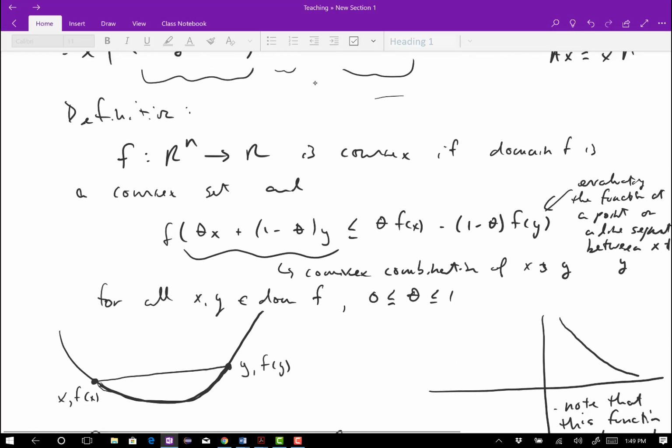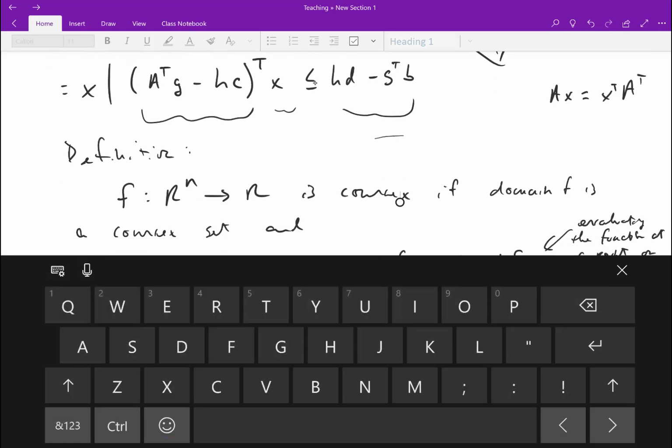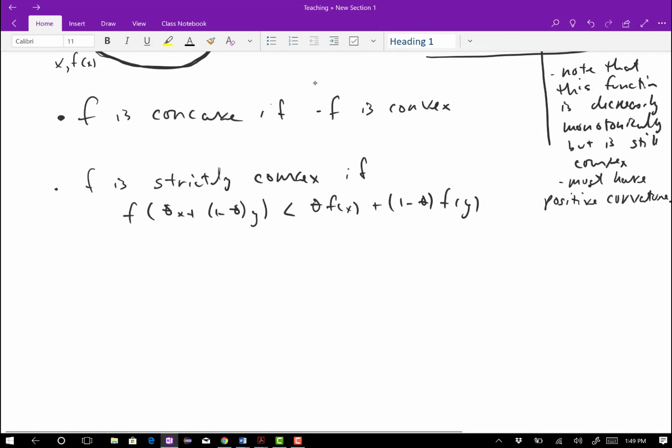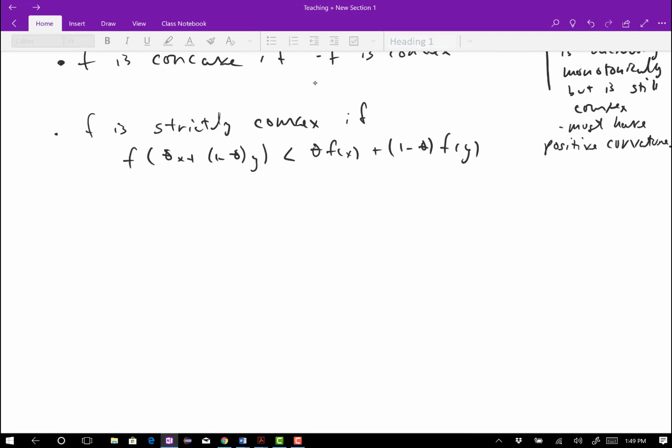Up here in our original definition of convexity, we have less than or equal to, but for the strictly convex function, we have less than.